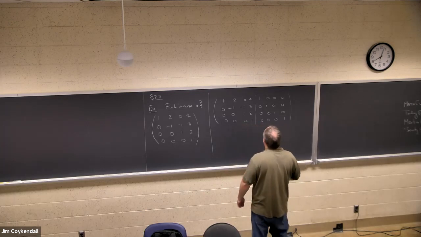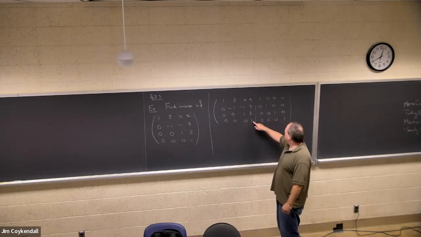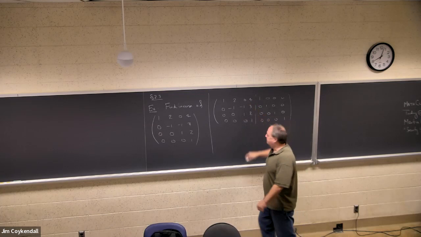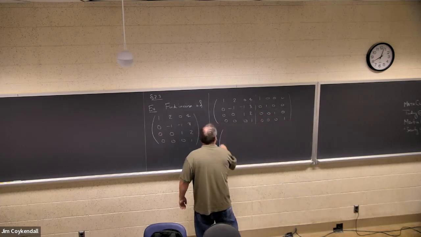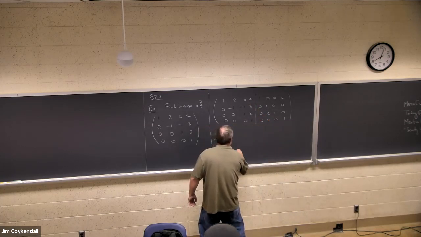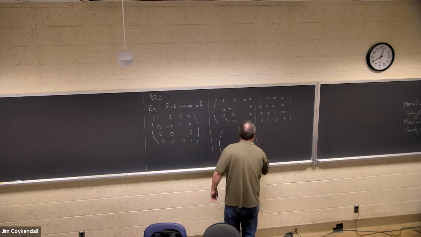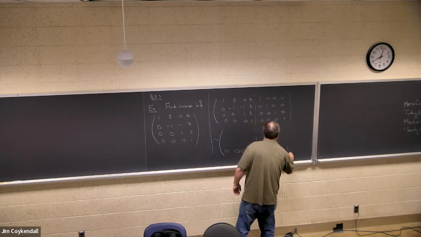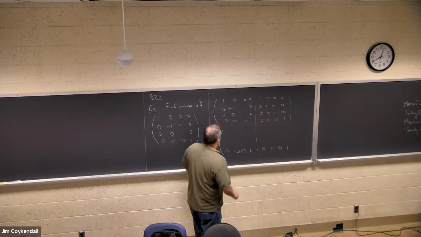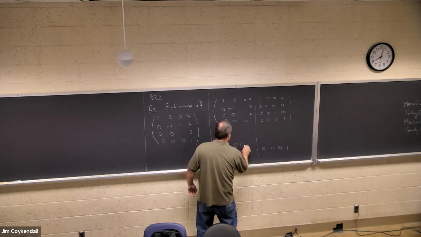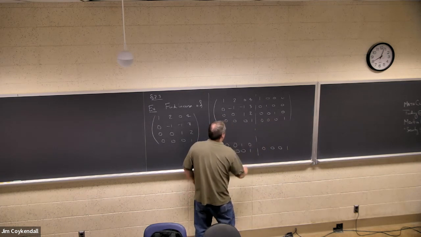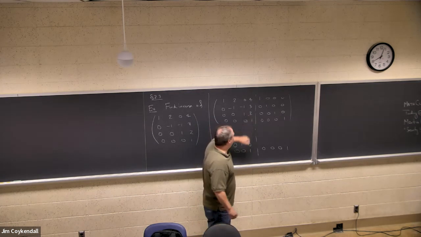So I think the first thing to do is I'm going to take this one here and nuke everything above it. I'm going to have this still on the bottom: 0, 0, 1, 0. I'm going to multiply that by -2.5 up here.